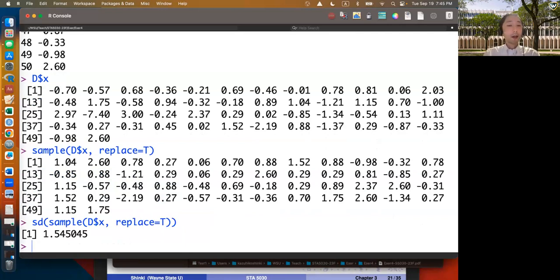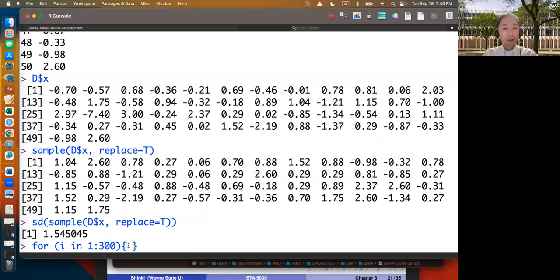Okay, and we do this many times. So for i from 1 to 300. Typically maybe 300 times is sufficient to calculate the value. You can do more, like 1,000 times, to get a more accurate value.